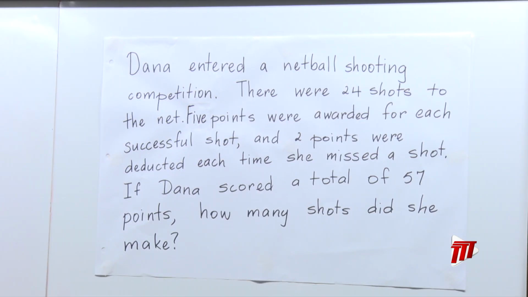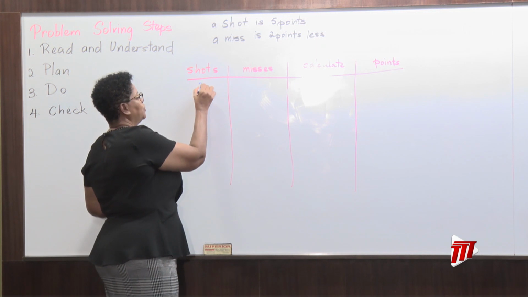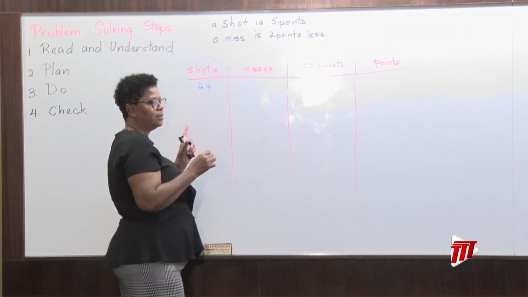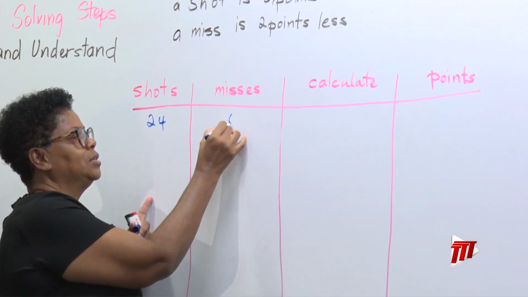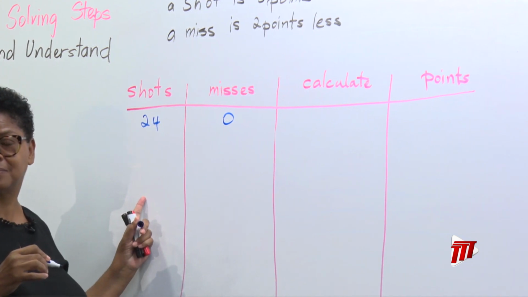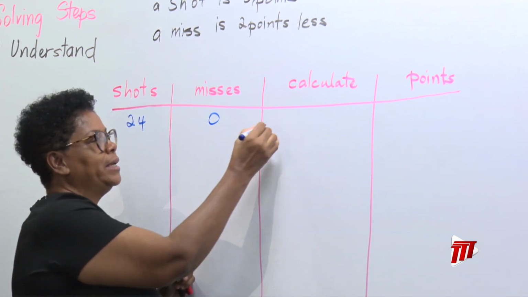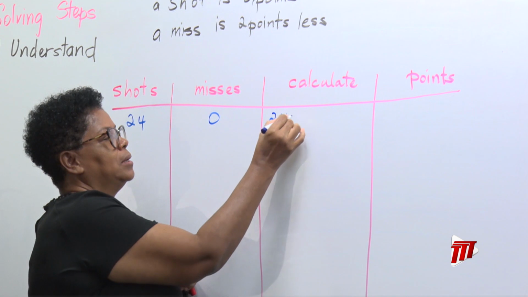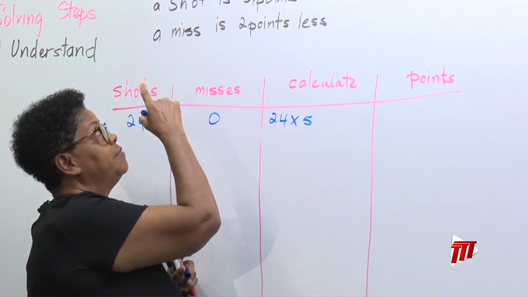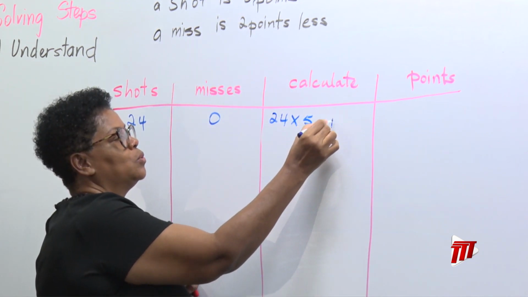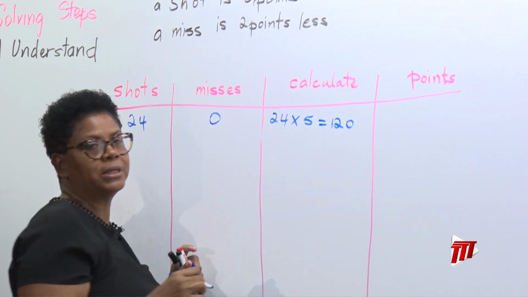So we are going to take our first guess. We are going to guess that she made 24 shots. So you'll put 24. And if she made 24 shots, then it meant she had no misses. So we're going to calculate 24 multiplied by the 5 points per shot. That is equal to 120 points.